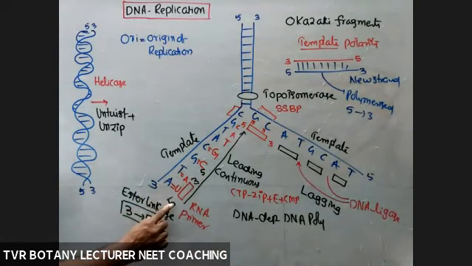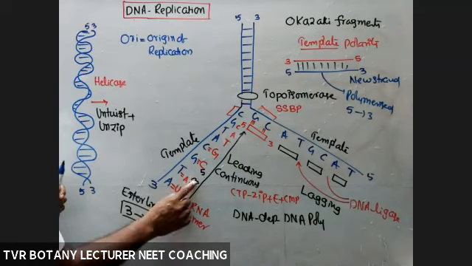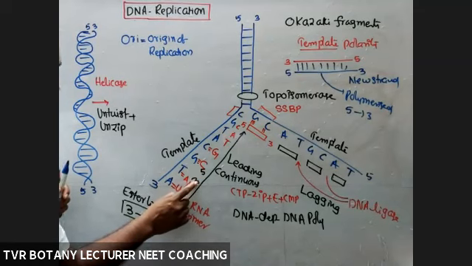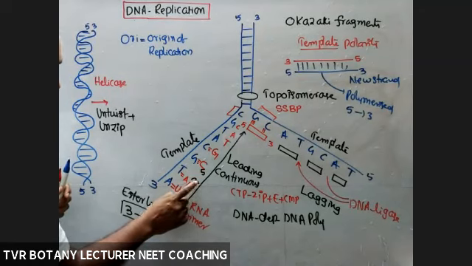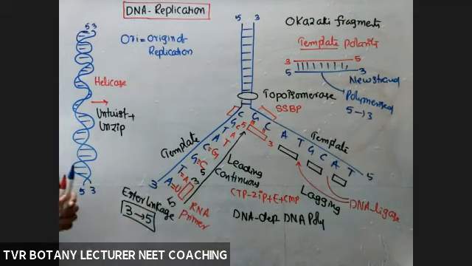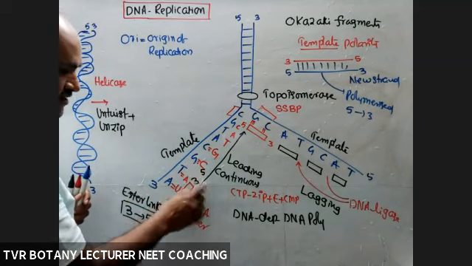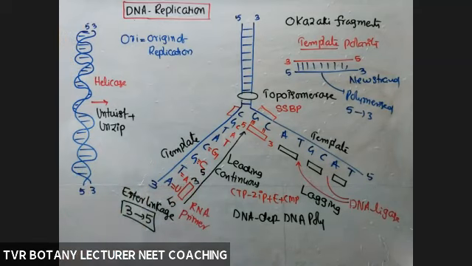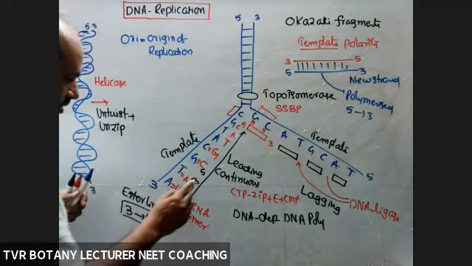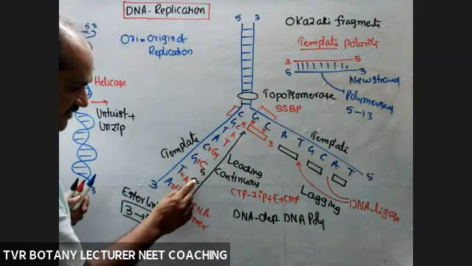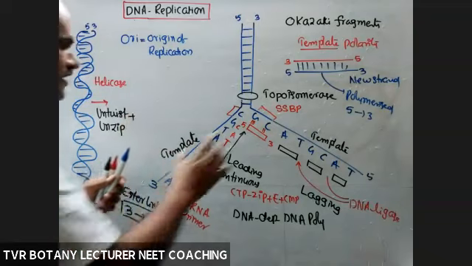Reason: the primer is in 5 to 3, and the new nucleotide is added at the third carbon, where OH is present. The OH at the third carbon of that sugar reacts with the OH at the fifth carbon of the next sugar, and one H2O molecule is released. So the ester linkage is 3 to 5. They will definitely question you on this. So the new nucleotide is attached at the third end. Remember that.